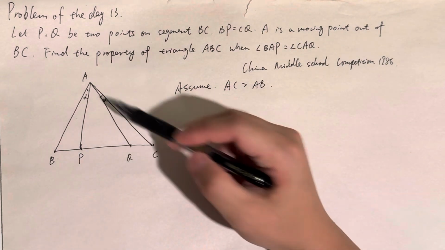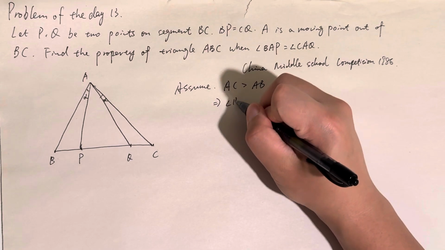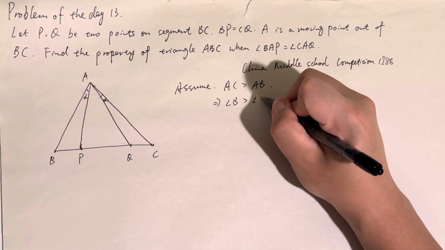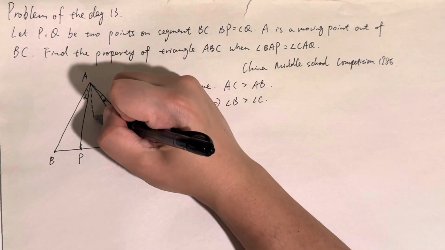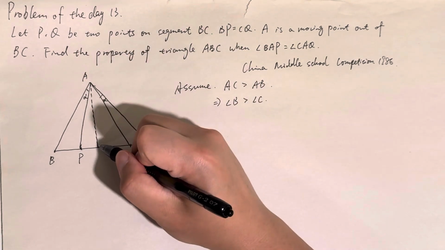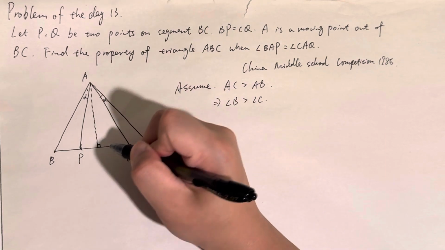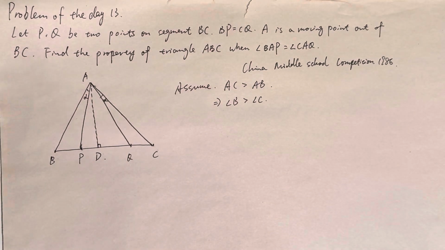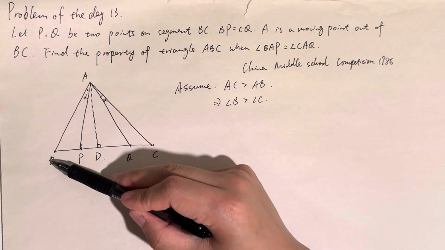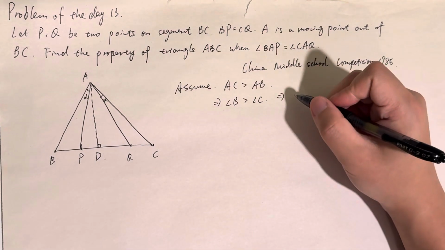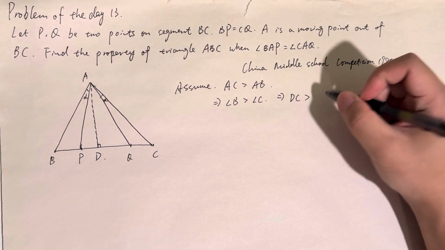If AC is larger than AB, then we know that angle B is larger than angle C. And if we draw the altitude from A to edge BC, let's call it AD, then because AC is larger than AB, we know that DC is larger than BD.